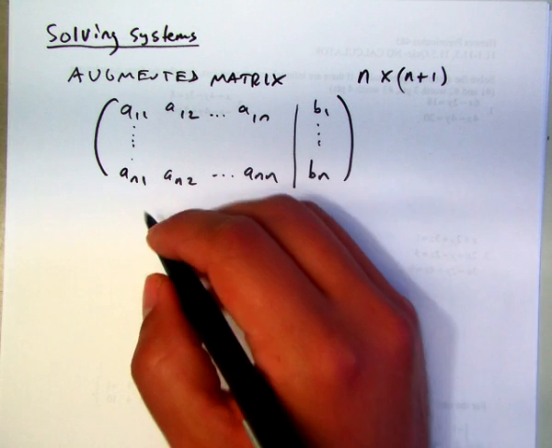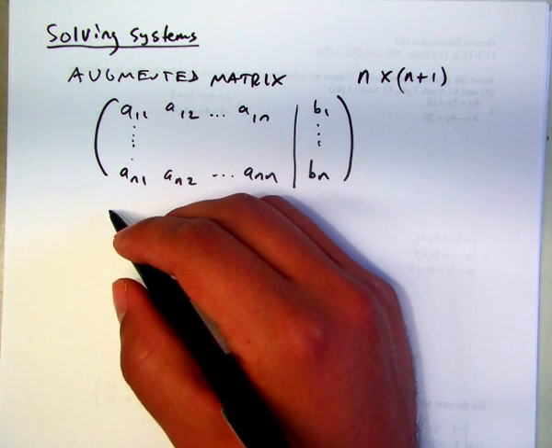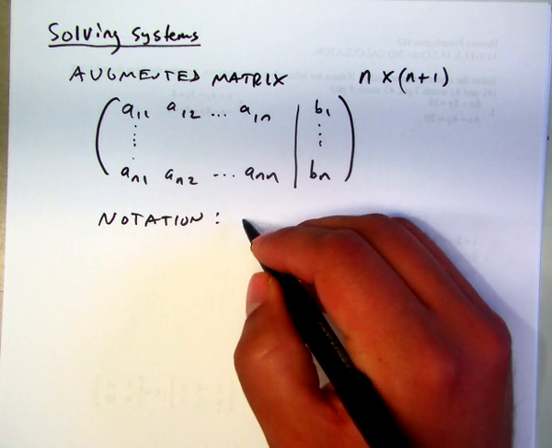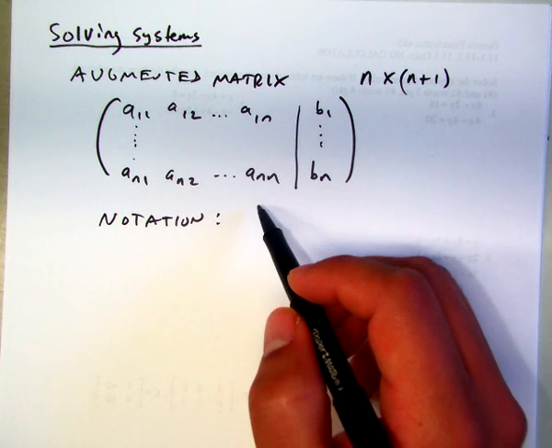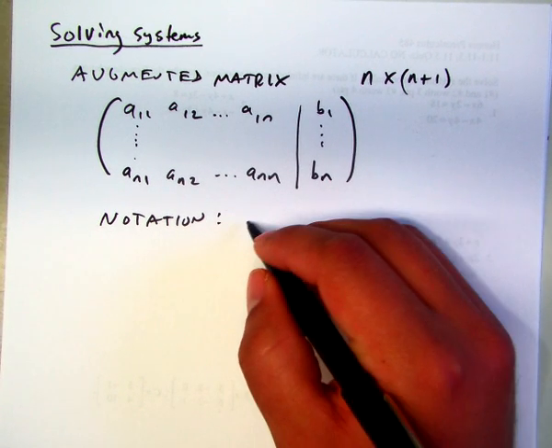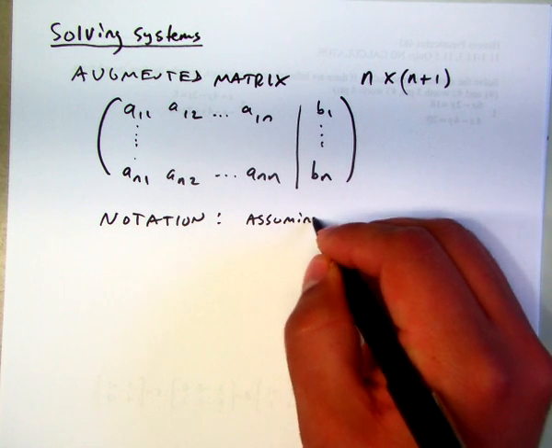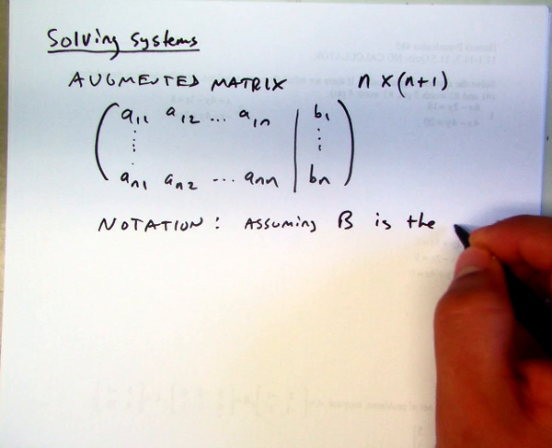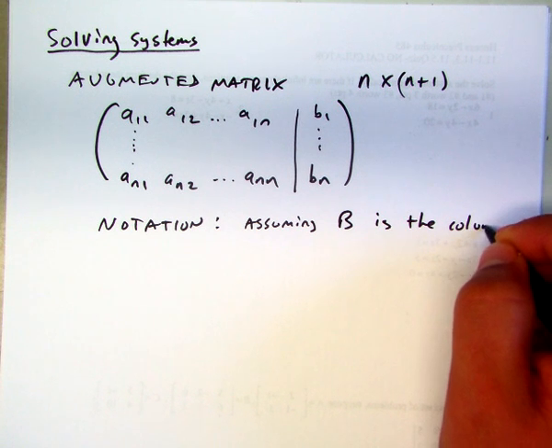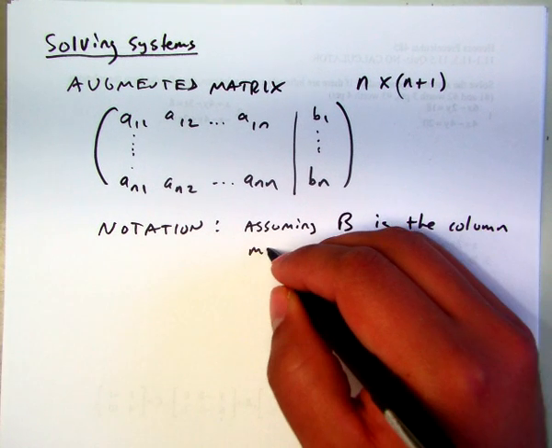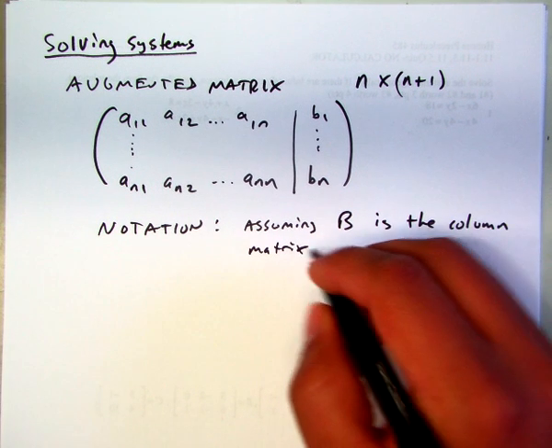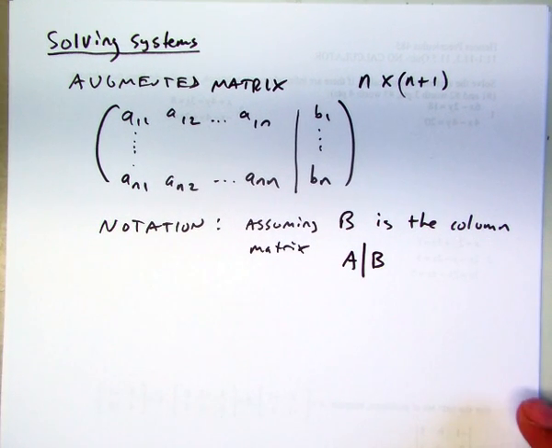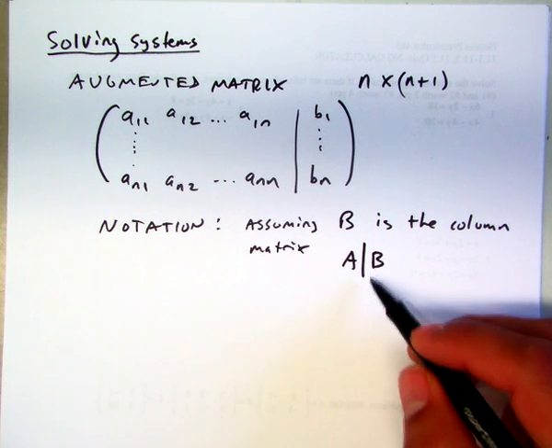And the notation, assuming that B is the column matrix that we are attaching, is simply A slash B. Okay, so if you see this notation in terms of matrices, this is exactly what we're talking about.